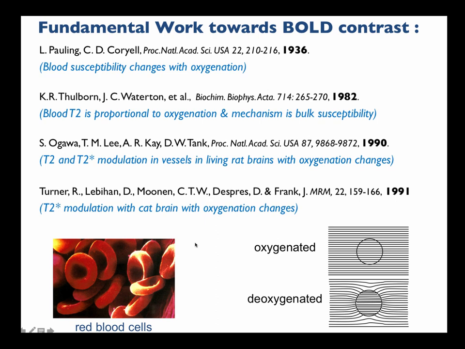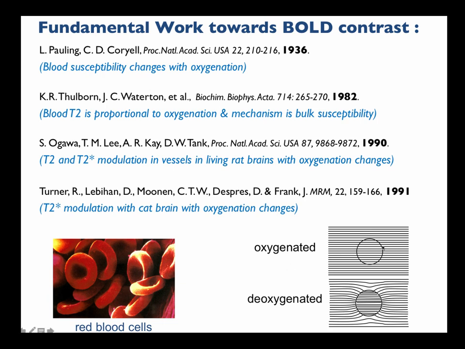Okay, and the idea here is that you have vessels containing red blood cells. You can look at the body, or any object that has the same susceptibility as the surrounding area, as matching it. It's either paramagnetic or diamagnetic. Everything is slightly diamagnetic, most biologic tissue.